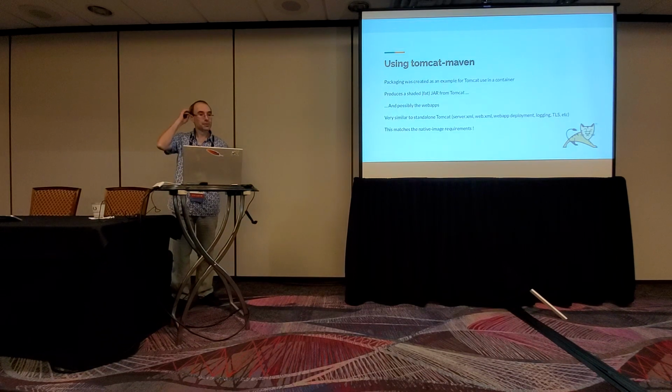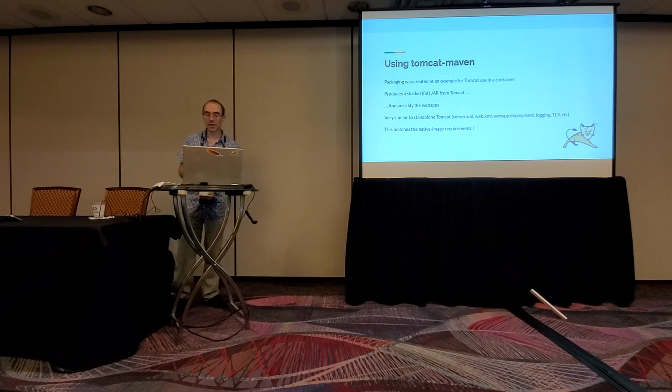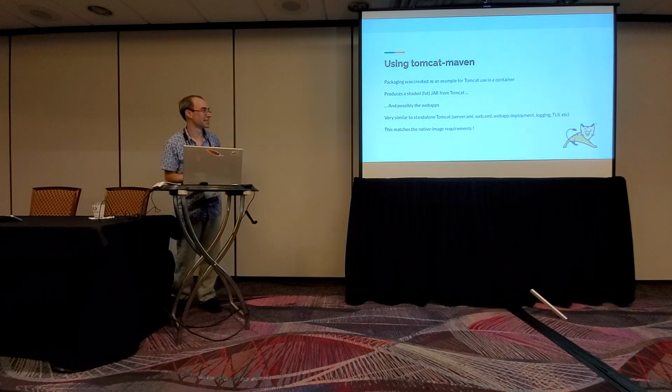Basically, you write in your POM the dependencies you want on the Tomcat jars. If you want clustering, you add a dependency on clustering. It will add the clustering classes in the fat jar. And also it can package the web apps. Now that's very interesting because I needed for my Graal stuff a fat jar with everything including web app classes, so that's pretty handy here.